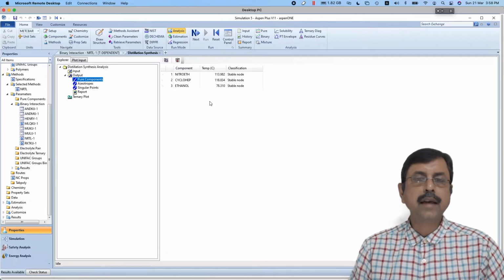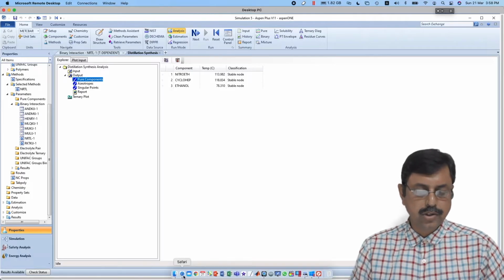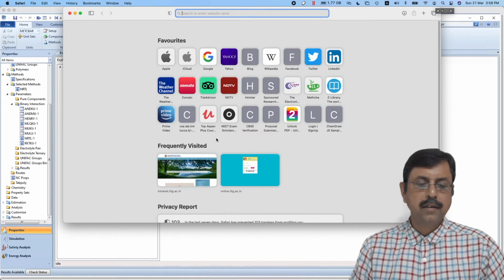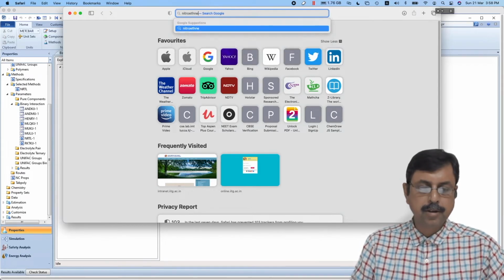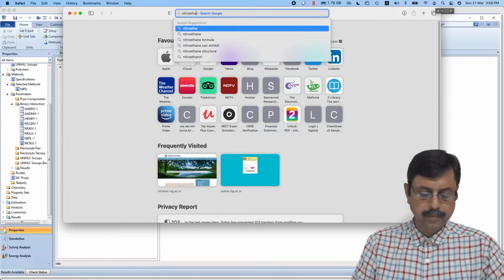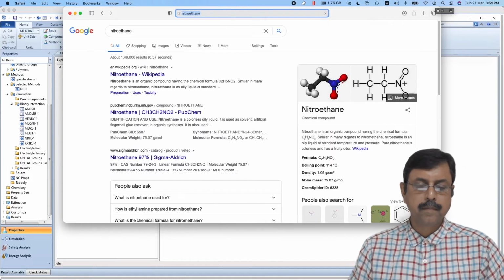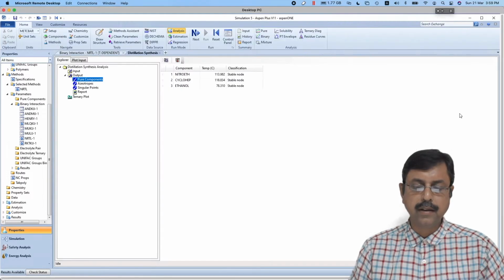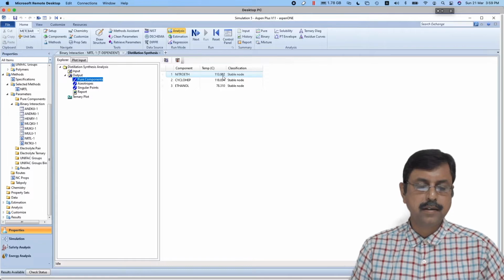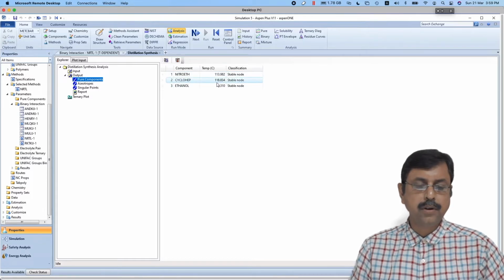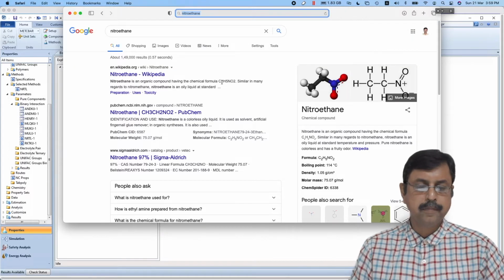If you want to check, you can check here. Just go to the internet and write nitroethane. And you can see the boiling point is 114 degrees centigrade. Similarly, for cycloheptane you will find 118.8.